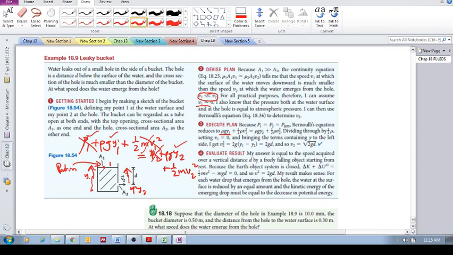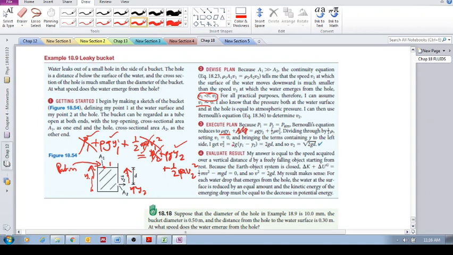I see I made a mistake here. This should be a rho. Sorry. Half rho v1, and remember this just falls away, equals rho g y2 plus half rho v2 squared.